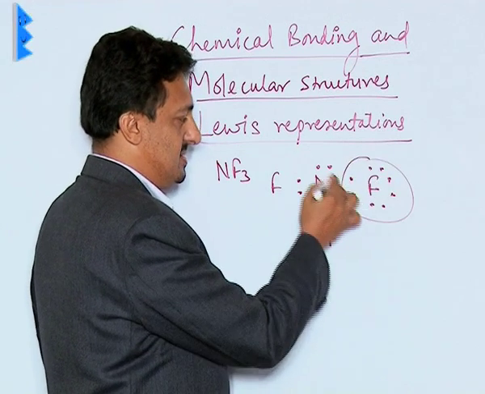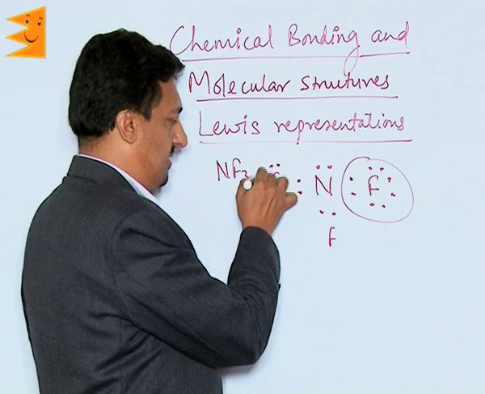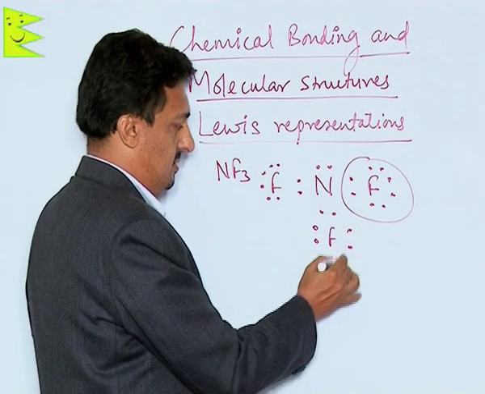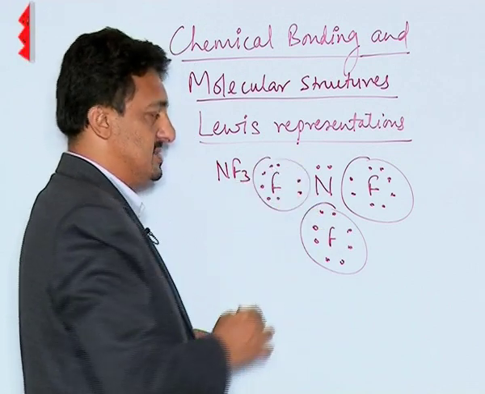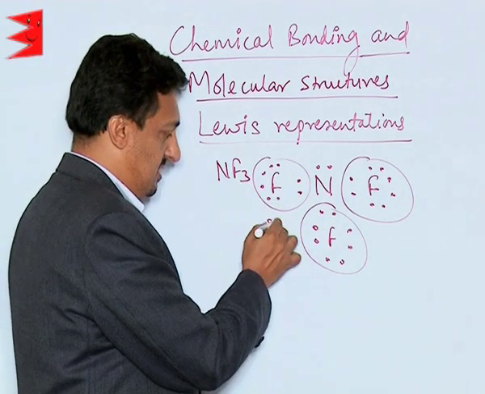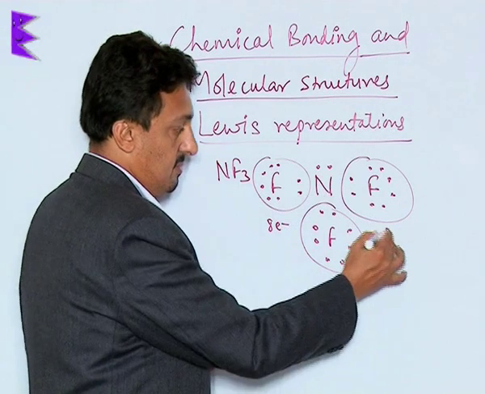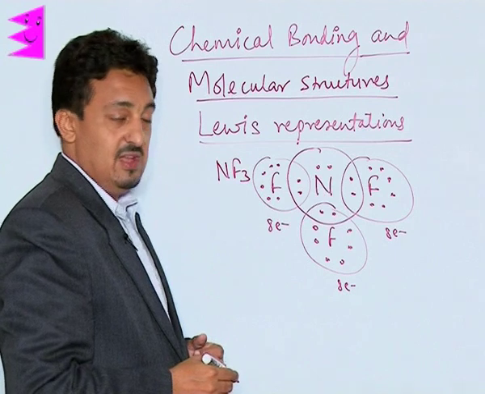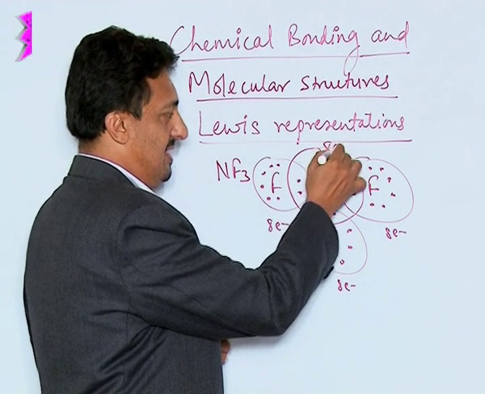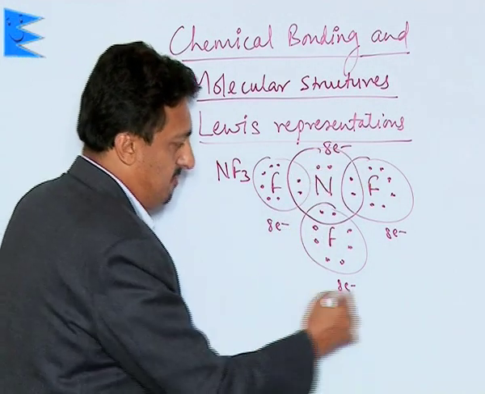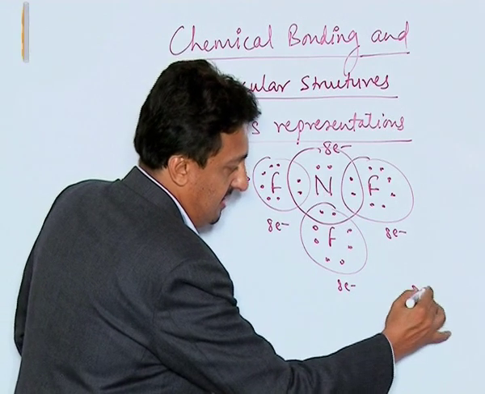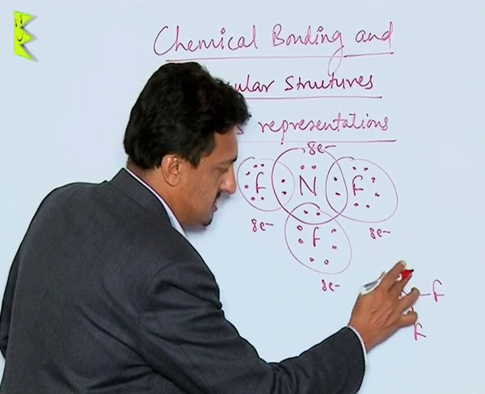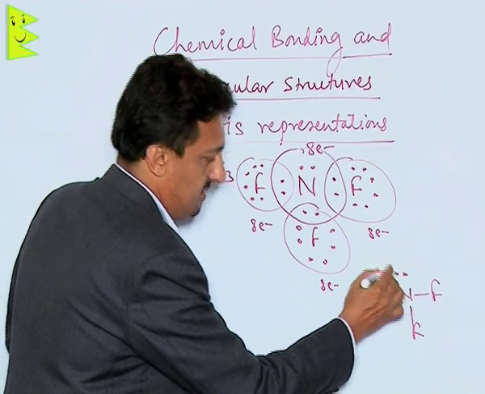And each fluorine by this method is able to have 8 electrons in its valence shell, and nitrogen, by sharing its 3 electrons with the 3 fluorine atoms, has 8 electrons in its valence shell. So we can represent this molecule as N with F, F and F and this one lone pair.